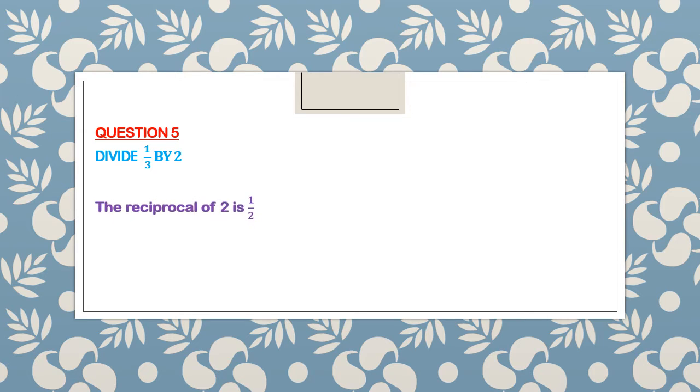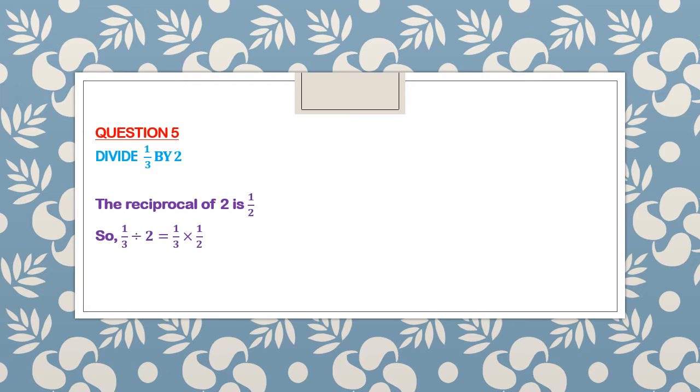First of all, in order to solve this question, we need to find out the reciprocal of 2. The reciprocal of 2 is 1 by 2. Then 1 by 3 divided by 2. This is our question. Now, when we solve this, the division sign will get converted into a multiplication sign, and instead of 2, we'll write the reciprocal of 2.